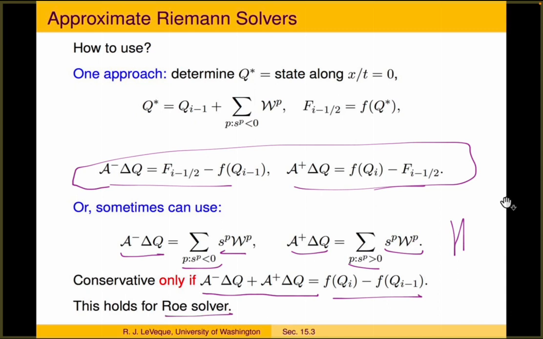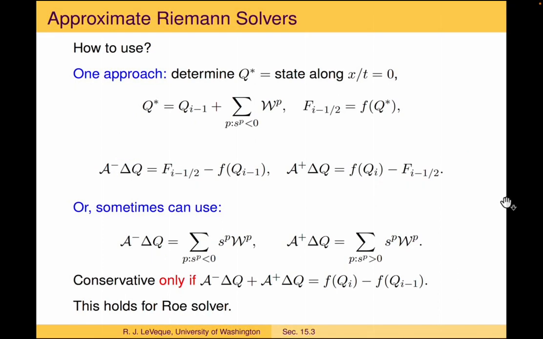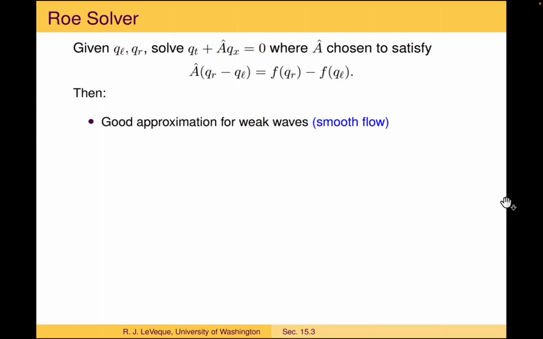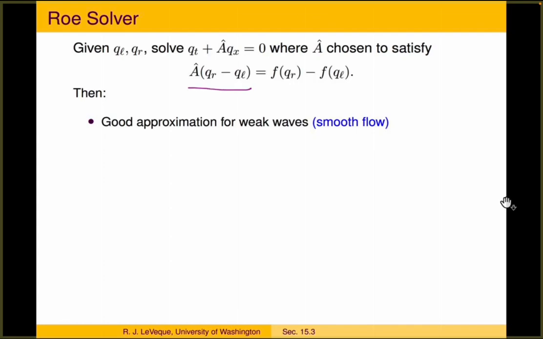So this, what we call the Roe solver, is a particular choice of this linearization that does satisfy this condition. It turns out that in order for this condition to be satisfied, what we need to check is that our matrix A hat satisfies A hat times the jump in Q is equal to the jump in F. So again, A hat depends on Q left and Q right.